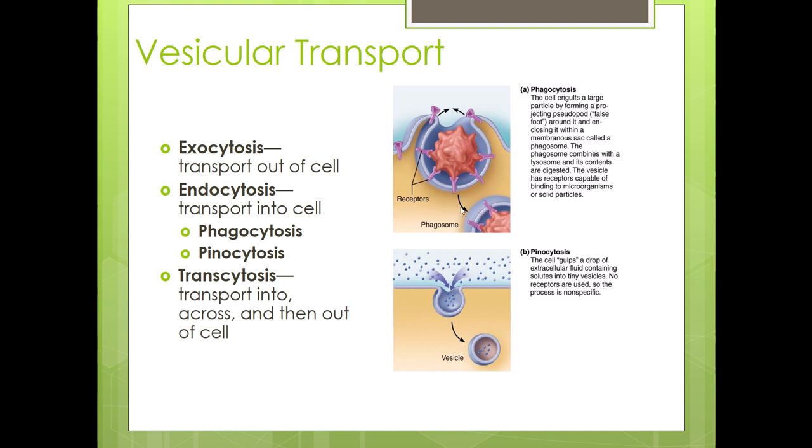And then pinocytosis is when the vesicle forms around the fluid in the extracellular environment, and is essentially a way for a cell to sample its extracellular environment and see what the ion concentrations and other types of things are out there around them.